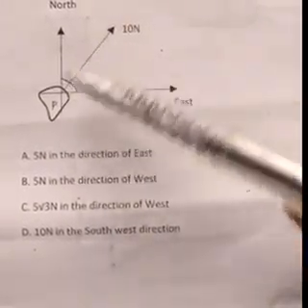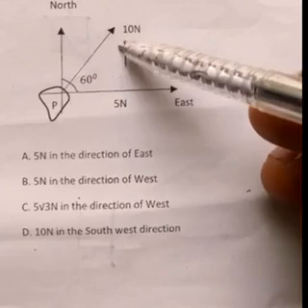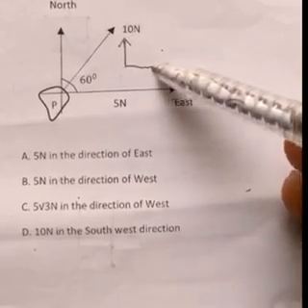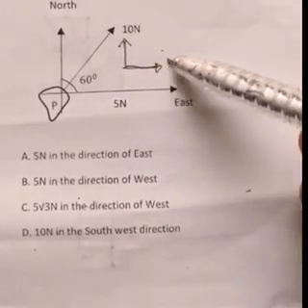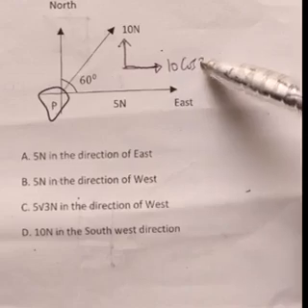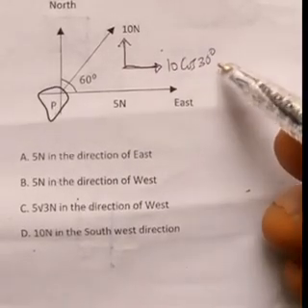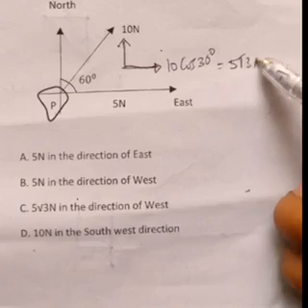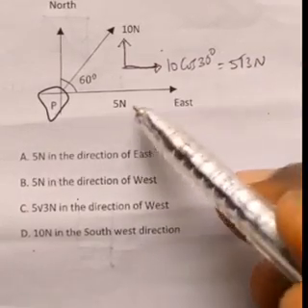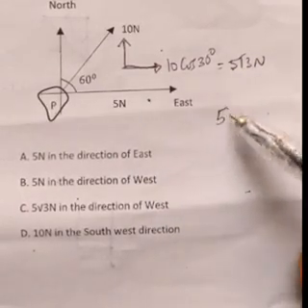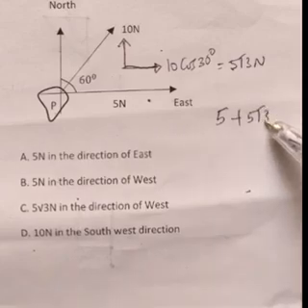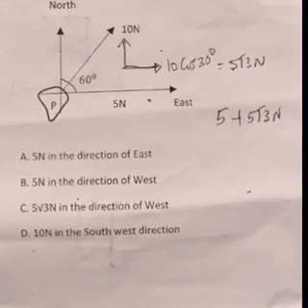This 10 Newton has two components: the one that tends to move it upward and the one that tends to move it horizontally. The one moving horizontally is 10 cos 60, which is going to be 5 root 3 Newton. So total force moving towards the east is this 5 plus this 5 root 3. That's 5 plus 5 root 3 Newton moving it eastward.